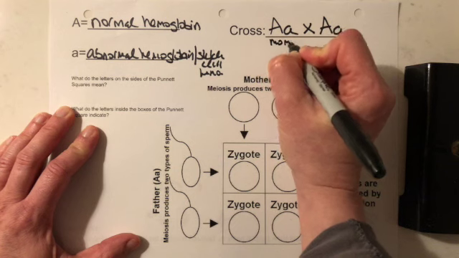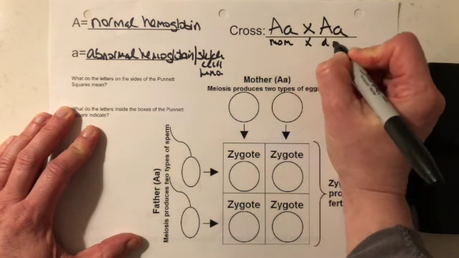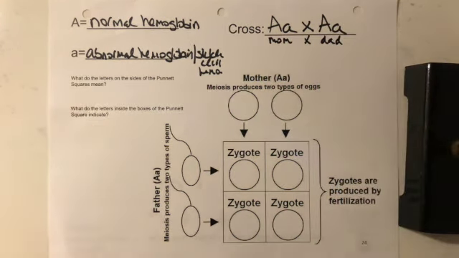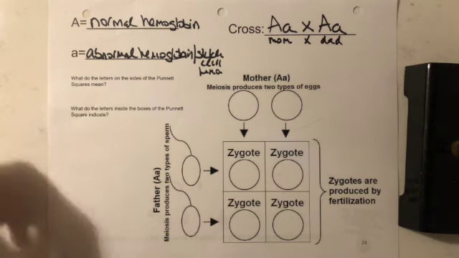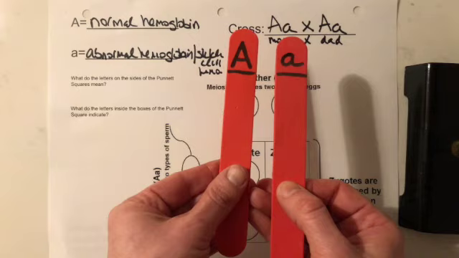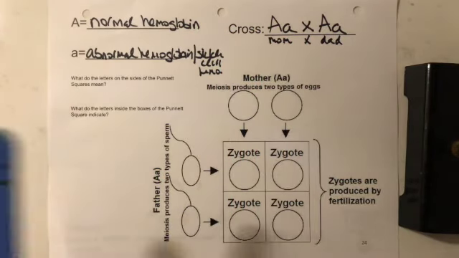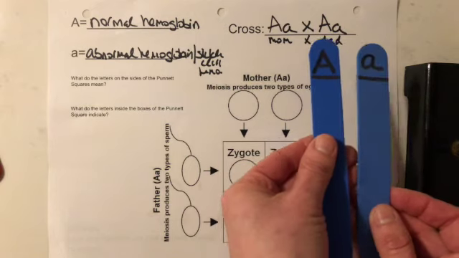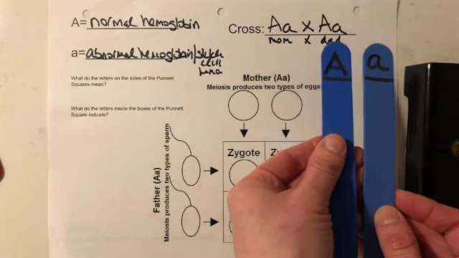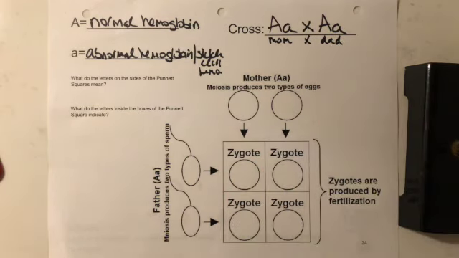This will be mom's genotype, and this will be dad's genotype. So for mom, I'm going to do mom in red. Mom has a big A and a little a allele on her 2 chromosomes, and dad has a big A and a little a on his 2 chromosome 11s.